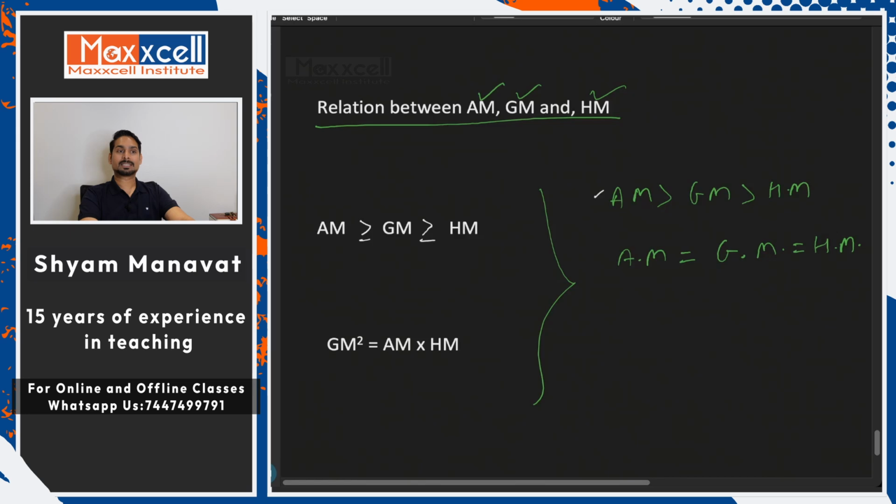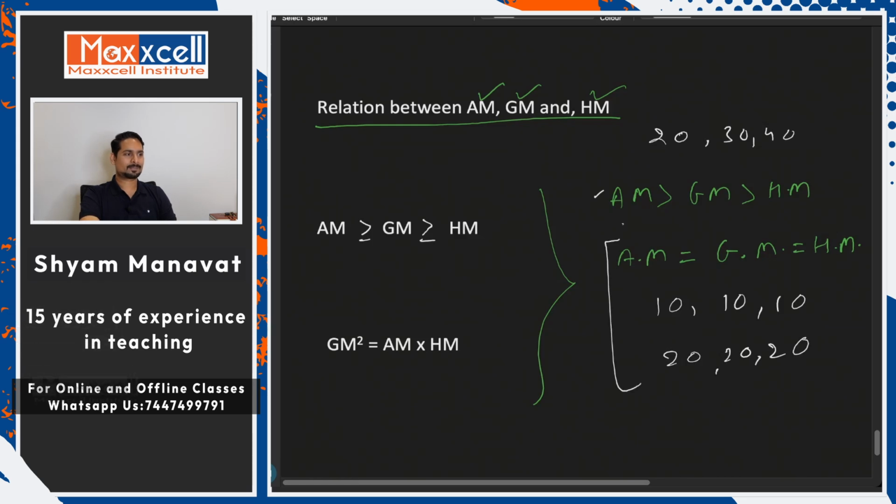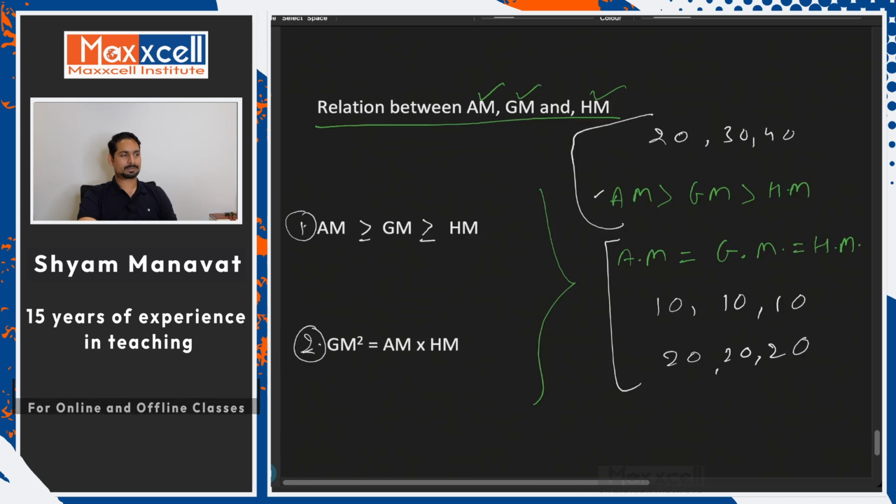Greater if the observations are different, like 20, 30, 40. Equal when the observations are also equal, like 10, 10, 10 or 20, 20, 20. I hope you understood this. These two relations you should note and remember.